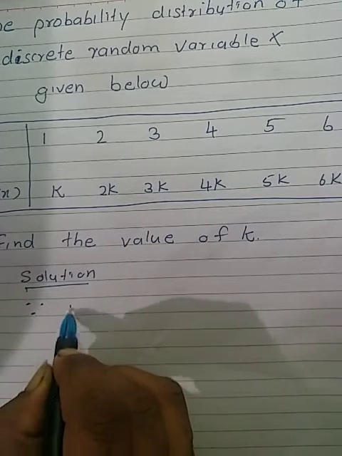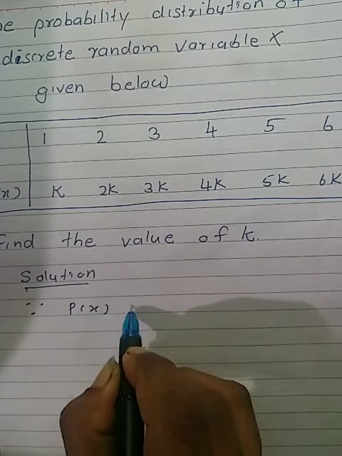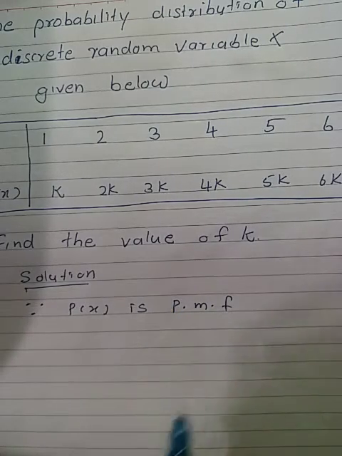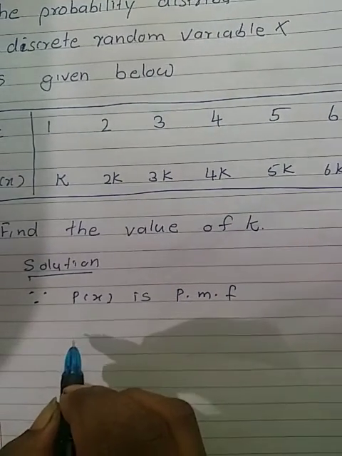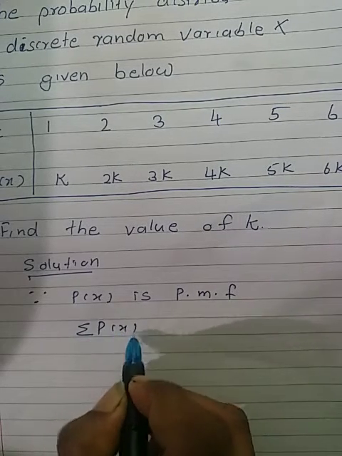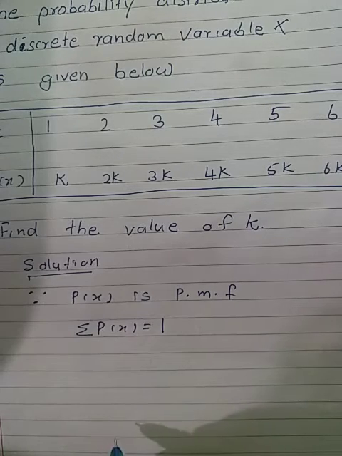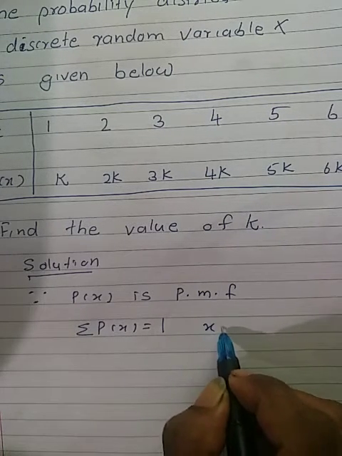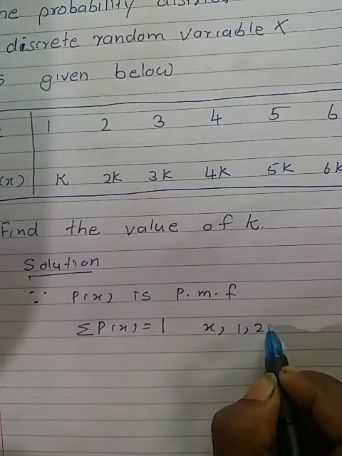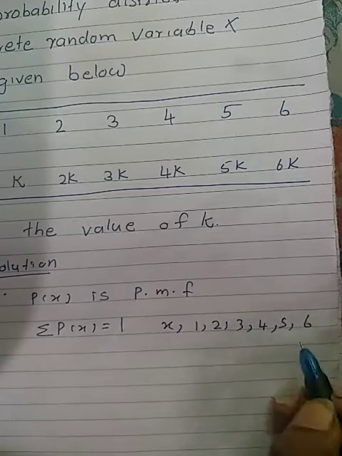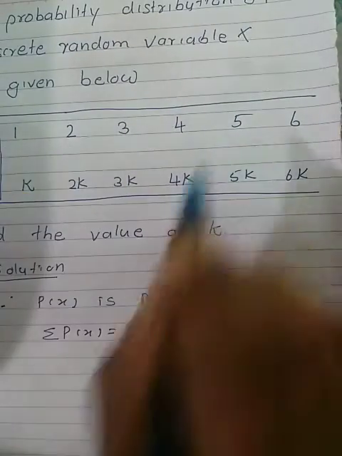Since P of x is probability mass function, according to the second property, sigma P of x equal to 1, where the values of x are 1, 2, 3, 4, 5, 6.